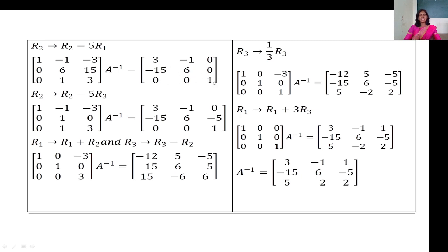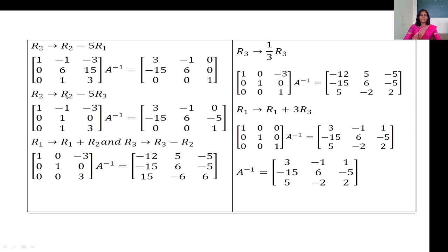R1 and R3 kept as it is. Now apply this transformation to make 6. So R2 gives R2 minus 5 R3. Here 1, minus 1, minus 3. First row as it is. Third row as it is.